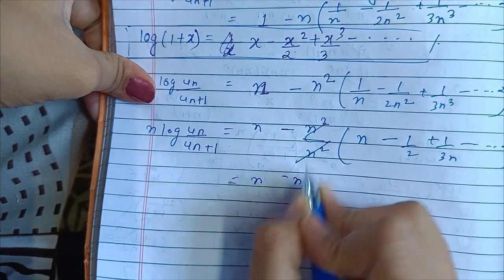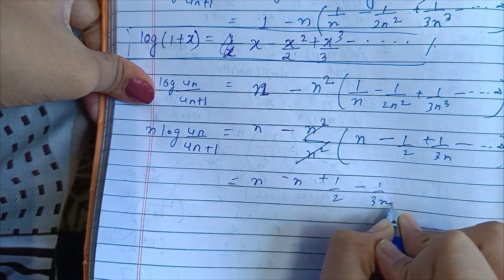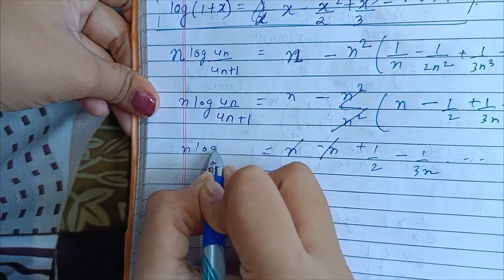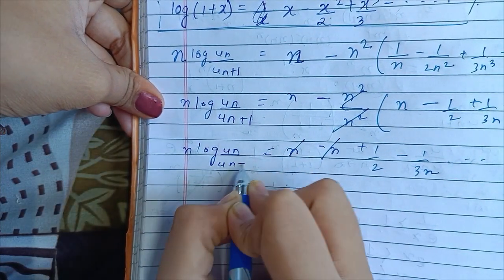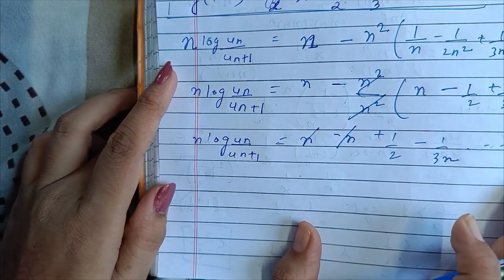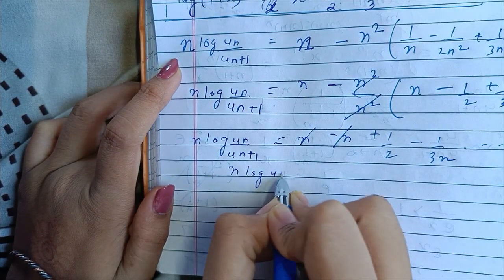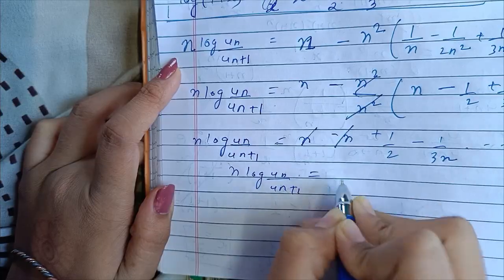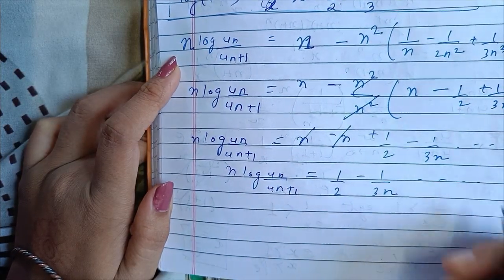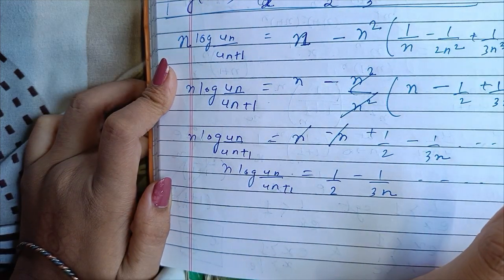It's minus n times minus, plus 1 by 2, minus 1 by 3n, and so on. This n will get cancelled, and on the LHS side I have this. So the logarithmic test gives me the result n log un upon un plus 1 is equal to 1 by 2 minus 1 by 3n. Did I leave something? No, is it 3n now?